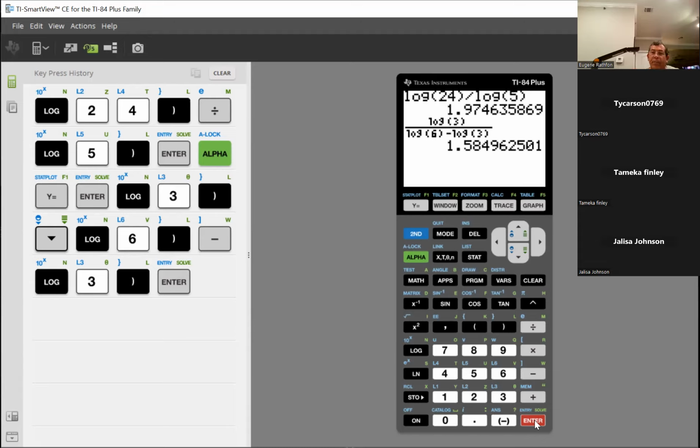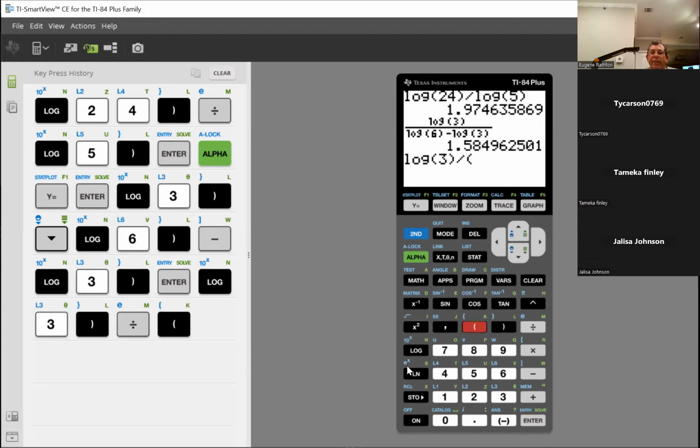Now, say you don't have that alpha y equals. For some reason, you forget about it. So let me show you how you would have to do this. You would do your log 3, close parentheses, and then hit divide. Now, since the bottom of my fraction has 2 parts, I have to put the bottom in an extra set of parentheses.